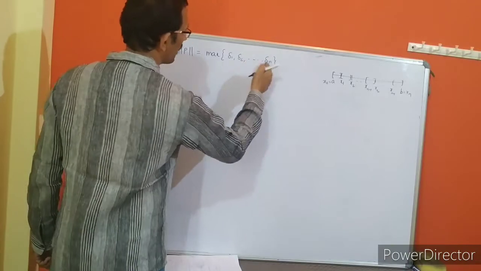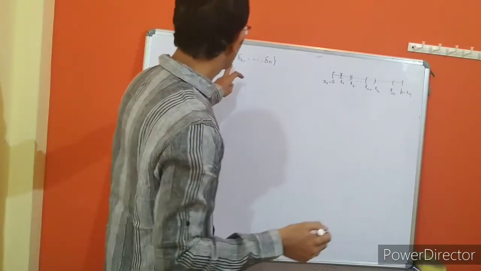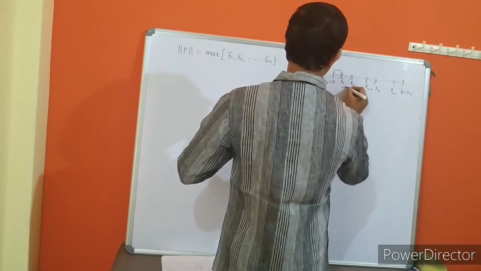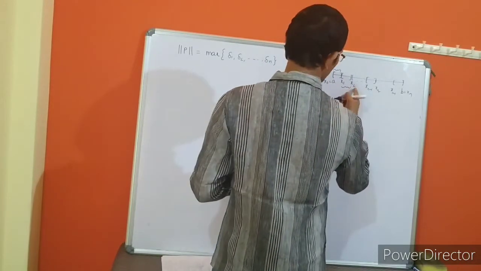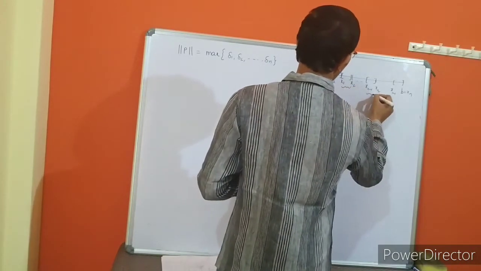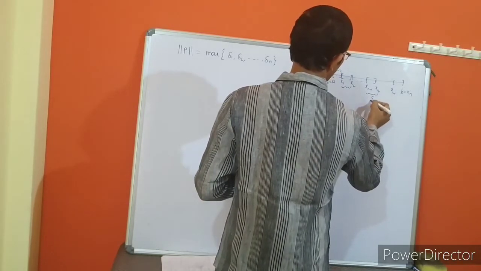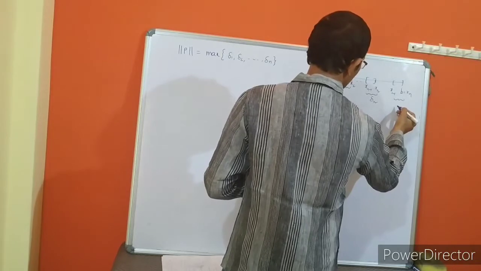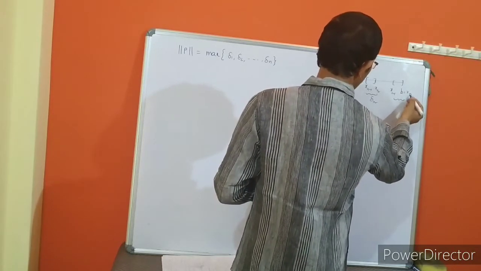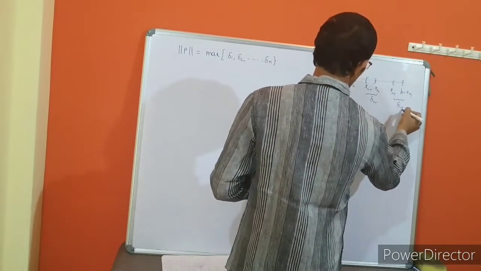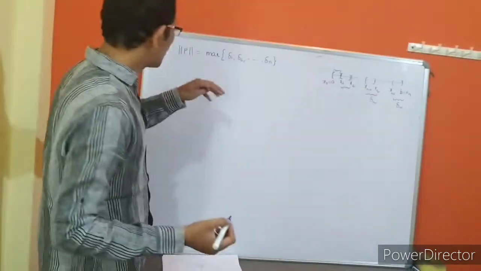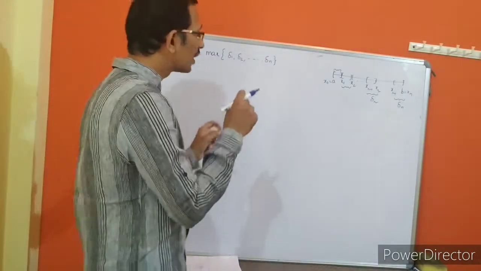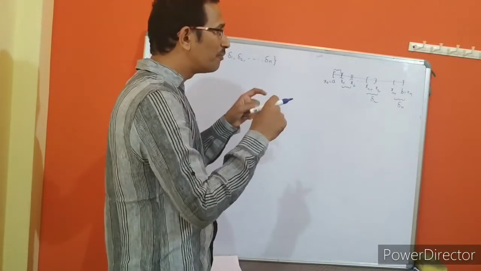The length of the first interval is delta 1, the length of the second interval is delta 2, that is x2 minus x1, the general interval x_r minus x_(r-1) is denoted by delta r, and finally the last interval length is x_n minus x_(n-1), denoted by delta n. You take the maximum among all the lengths, that is, the length of the biggest interval.